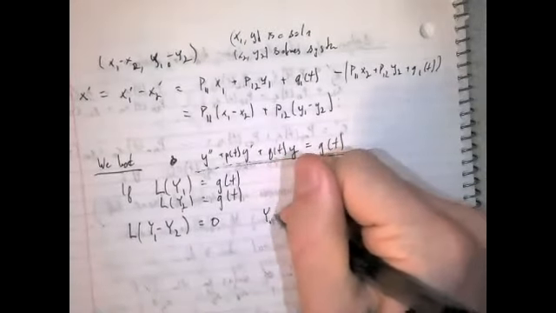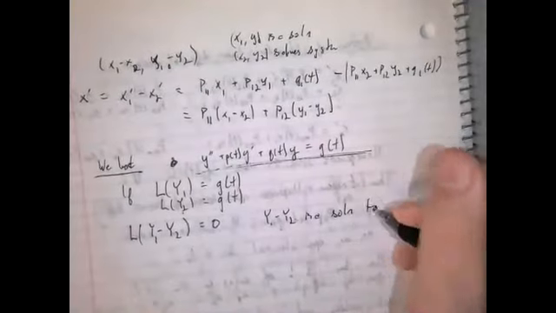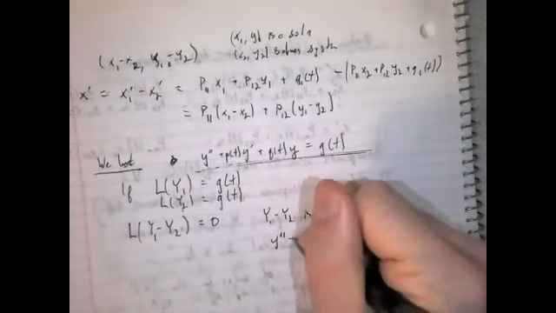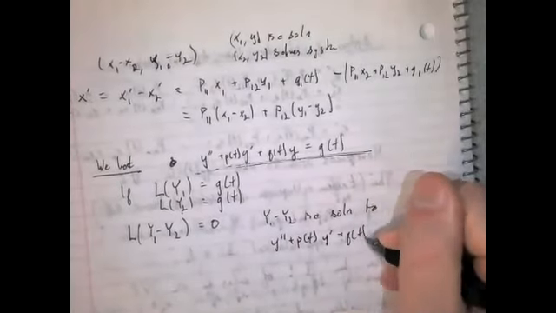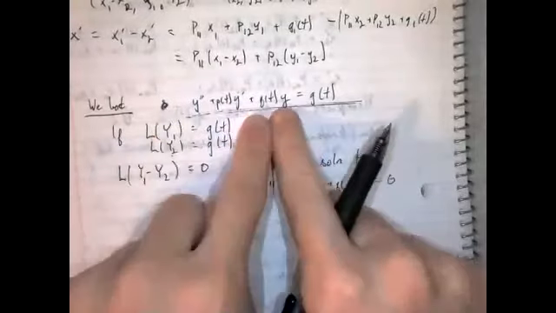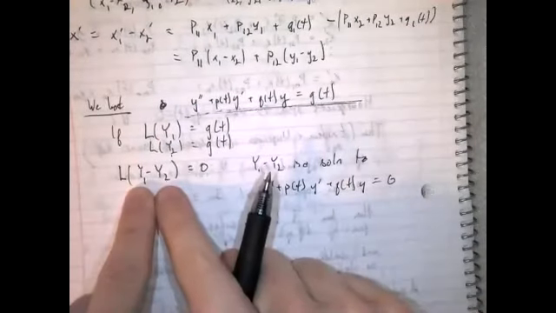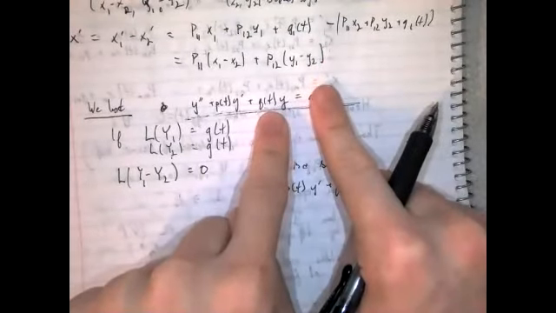No, it'll be equal to 0, so that tells you that y1 minus y2 is a solution to y double prime plus p of t y prime plus q of t y is equal to 0, right? So if you take two solutions to the non-homogeneous and you subtract them from each other, you get a solution to the associated homogeneous.